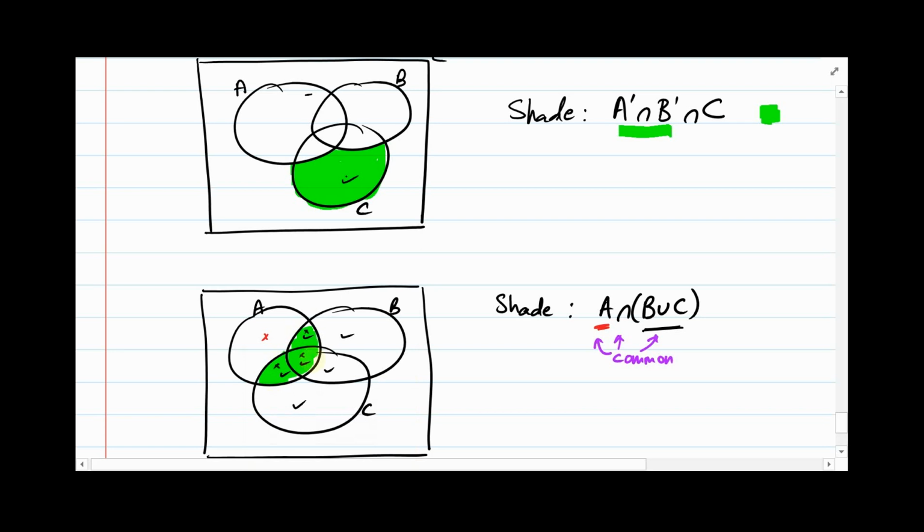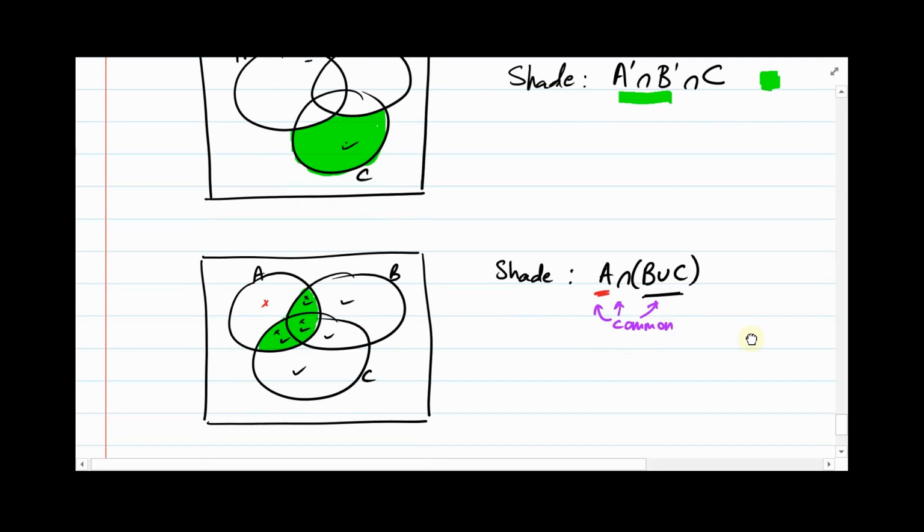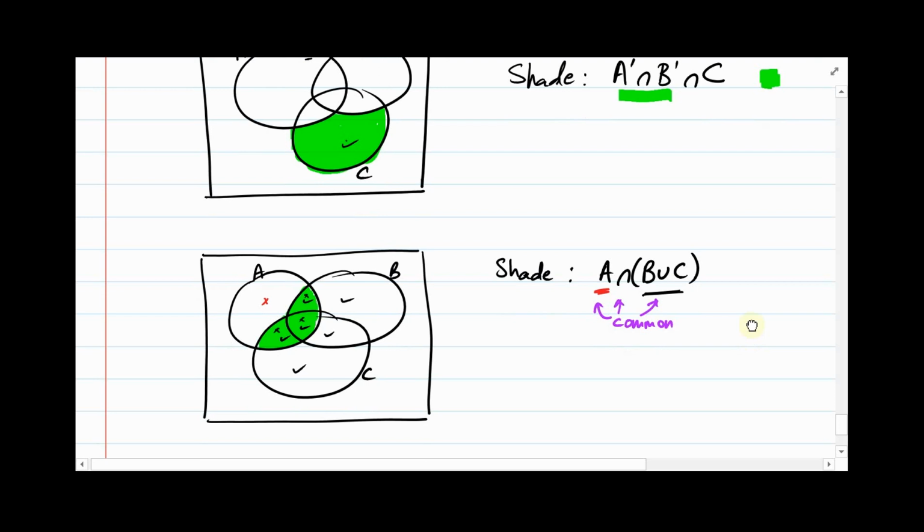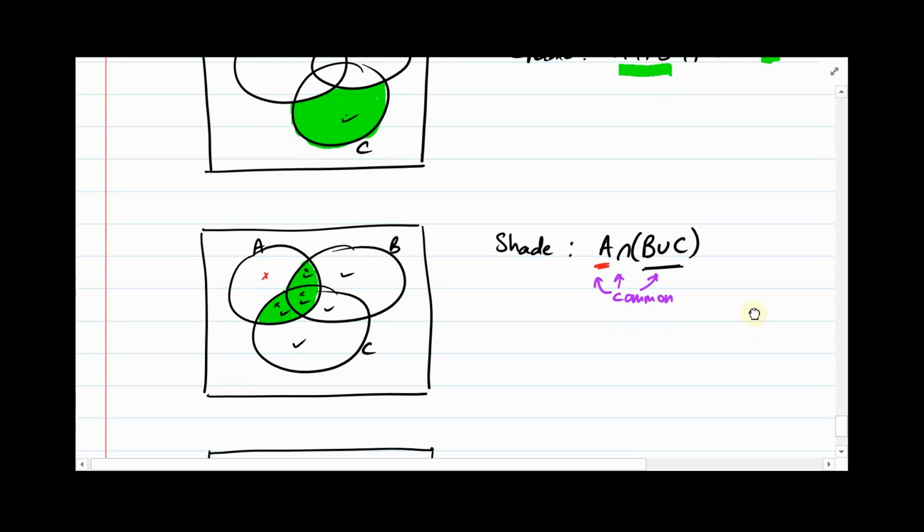Of course, when I cover it with the highlighter, it changes color, so I can't tell. So this is why it's good if you're using colored pencils, etc., to make a distinction between your symbols, hence my crosses and X's.